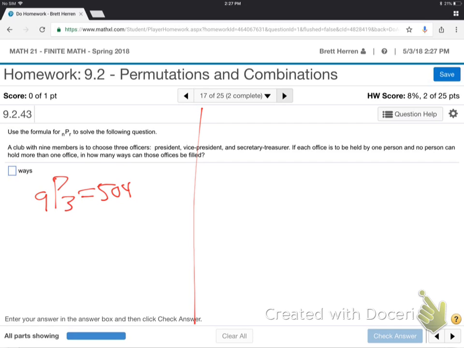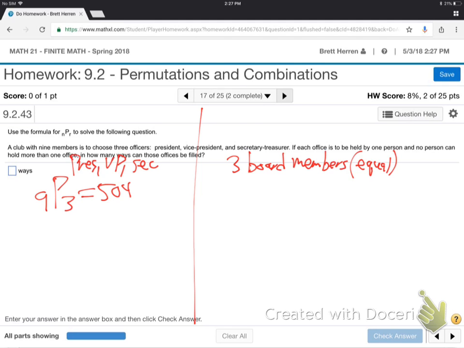We're picking a president, a VP, and a secretary, right? What if instead they say you're going to pick 3 board members, and they're all equal? One of them's not the head of the other. There's not a president and a vice president. They're just all board members. We just need 3 committee members to be part of this board. They all have equal power.